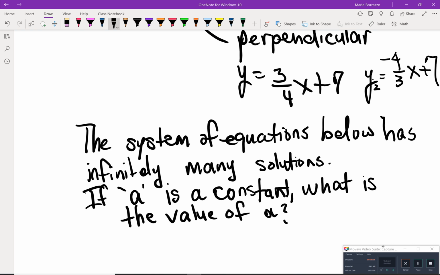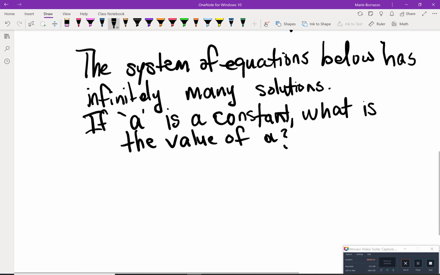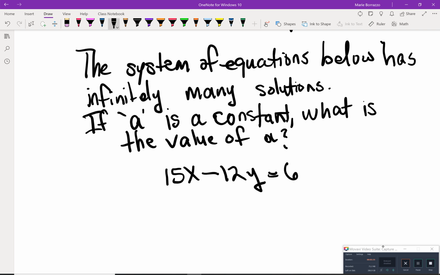So they begin with the system that they're going to give you, which is right here. They're going to give you 15x minus 12y is equal to 63. That's the first line they give you. And then they give you this question here. Now I'm going to circle the A with a black marker there. So Ay plus 5x equals 21.